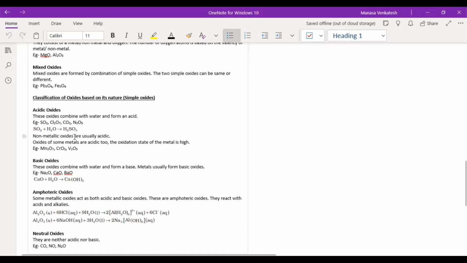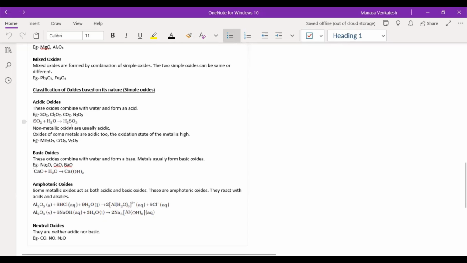So generally, non-metals form acidic oxides. But there are some oxides of metals which do exist, and they form when their oxidation state is extremely high. Basic oxides, on the other hand, are formed by metals, and amphoteric oxides are formed by some metals which act as both acidic as well as basic.